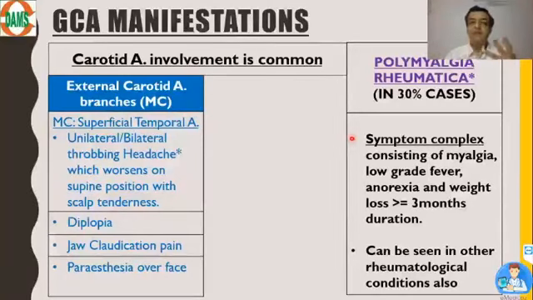Third differential can be neoplasm also. So how can we fine tune the diagnosis? We took the extra point of duration. Duration is an additional point.